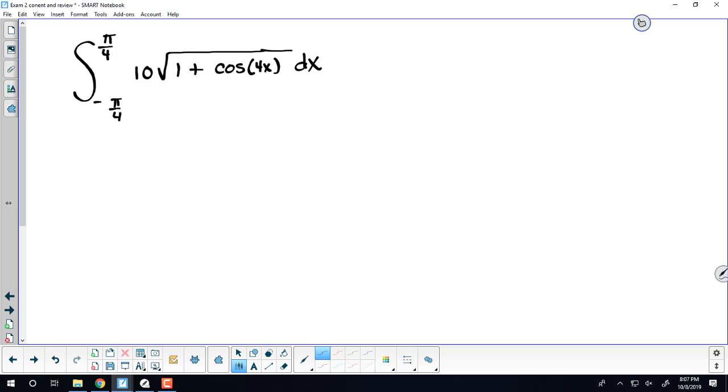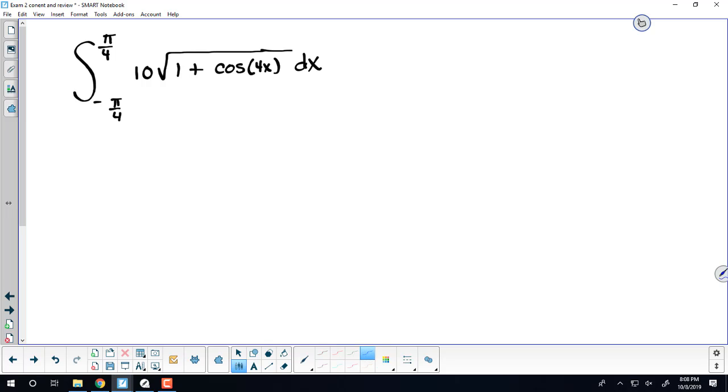I'm not sure where this is out of. Maybe 8.1. I think it's from 8.1 because there isn't really a particular technique that we use to integrate this.